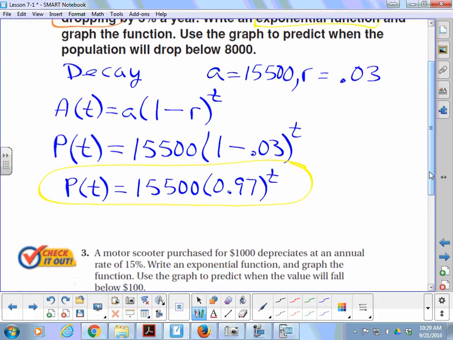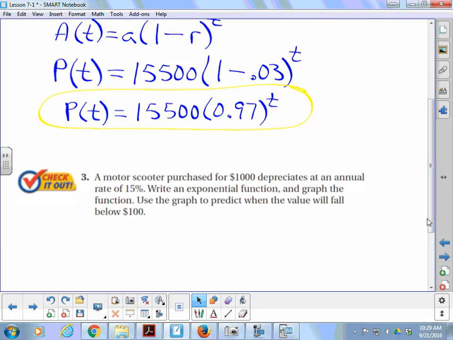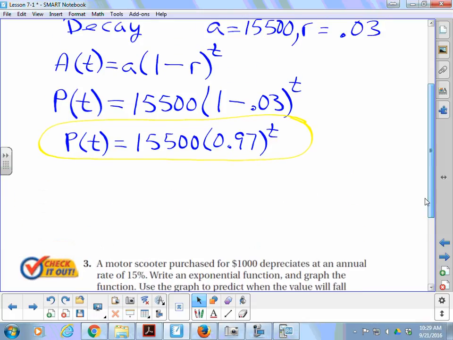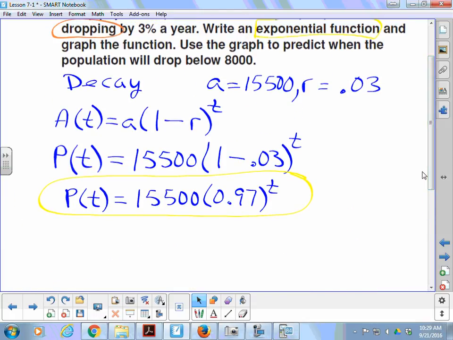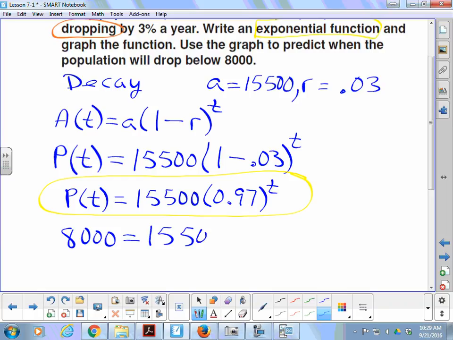So there's our function, and now we want to solve. We want to know, okay, when is it going to be below 8,000? So when you graph this, you actually have two options for your y max.